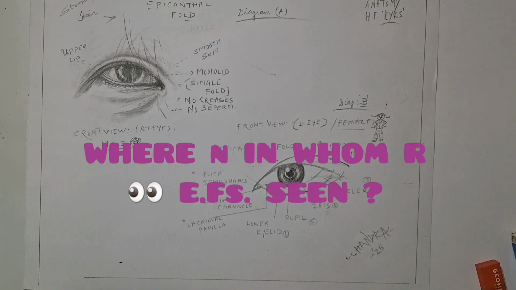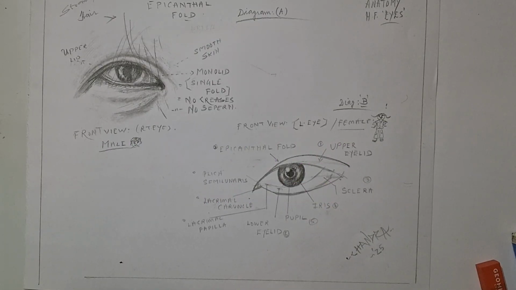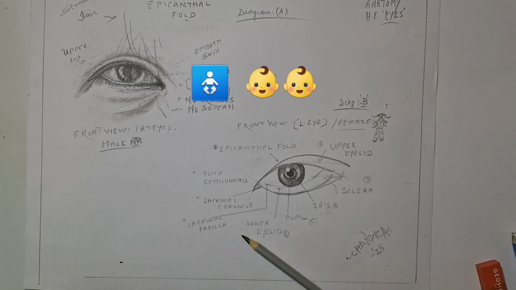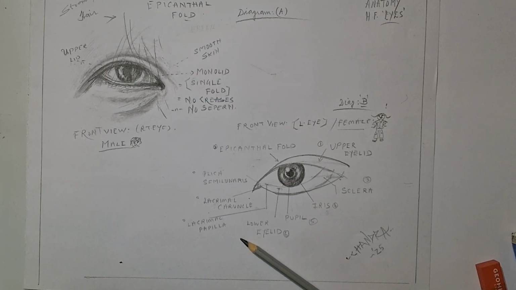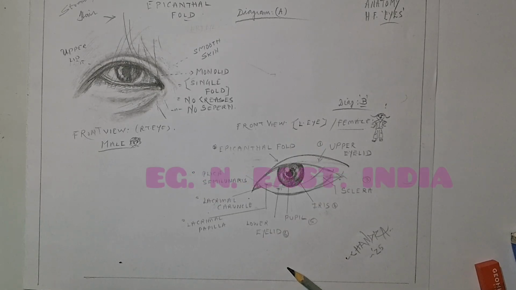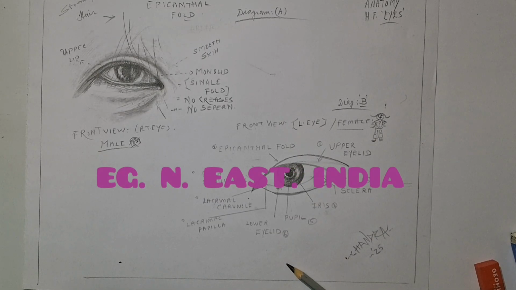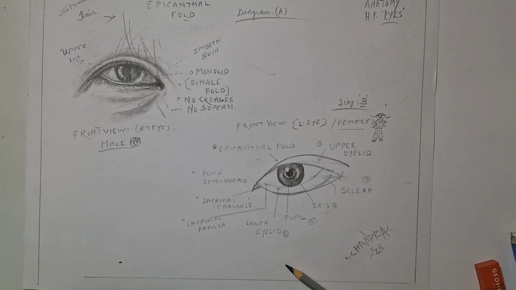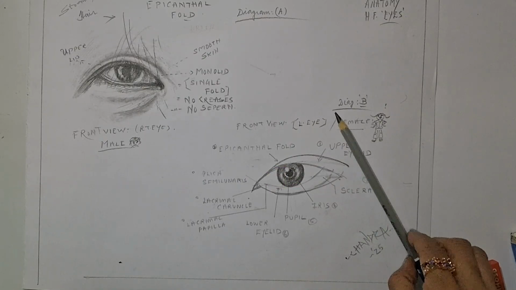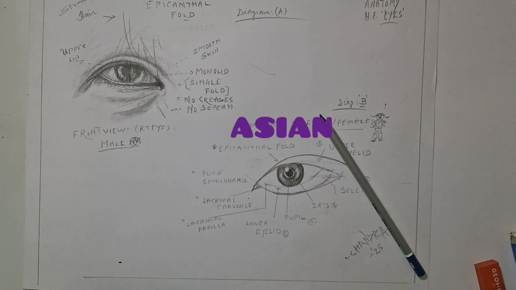Where are they seen commonly? Epicanthic folds are common in infants, babies, and people of Northeast India, North, Southeast, and Central Asian descent.